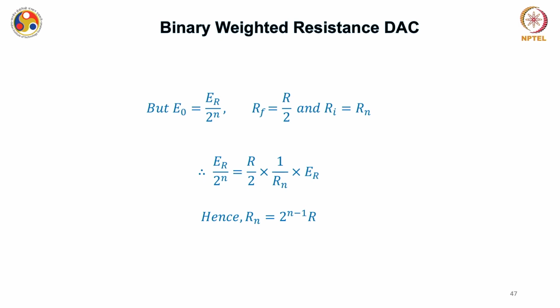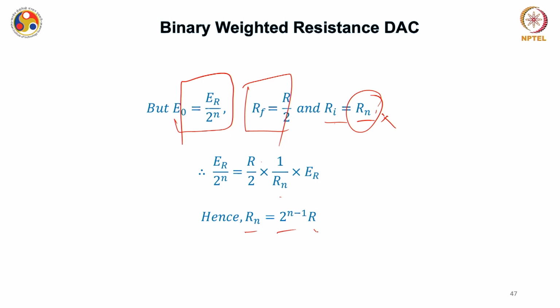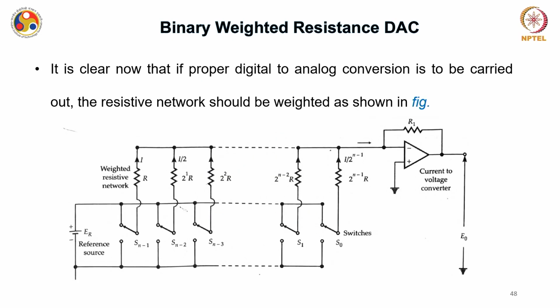Since E0 is equal to ER by 2^n, RF is equal to R by 2 and Ri is equal to Rn, the resistance of the LSB, we get ER by 2^n is equal to R by 2 into 1 by Rn into ER. And therefore, Rn is equal to 2^(n-1) into R.